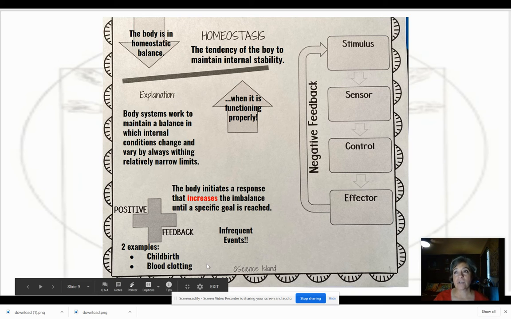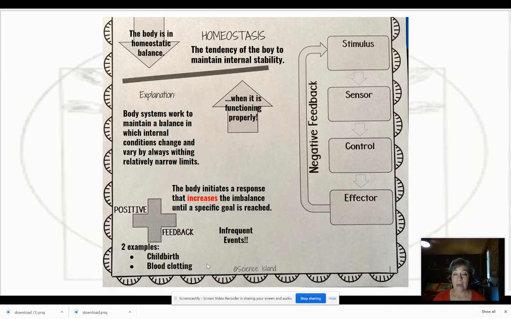The same with blood clotting. Let's say you cut yourself pretty badly and you have mechanisms in place in your body to stop the bleeding by forming a clot, forming a mesh of materials that's going to stop the blood from leaving your body. Because if you bleed too much, you can die or go into shock. At the very minimum, go into shock.